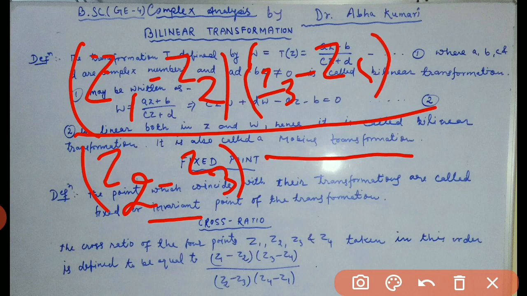Okay, and then at the last we will write 4 minus 1. So in this way we can learn the cross ratio of the 4 points Z1, Z2, Z3 and Z4. Okay, so here the points Z1, Z2, Z3 and Z4 are also known as the fixed points.